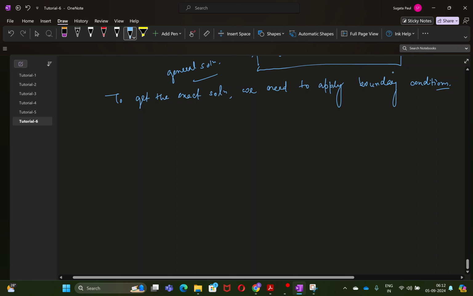The first condition is that as x tends to infinity, B(x) should tend to 0.